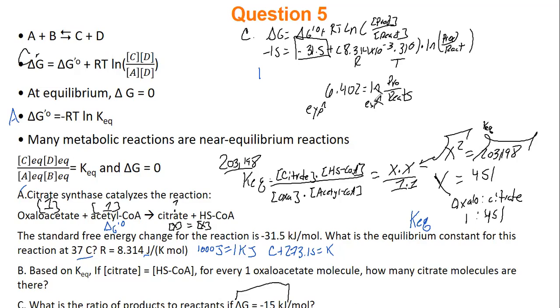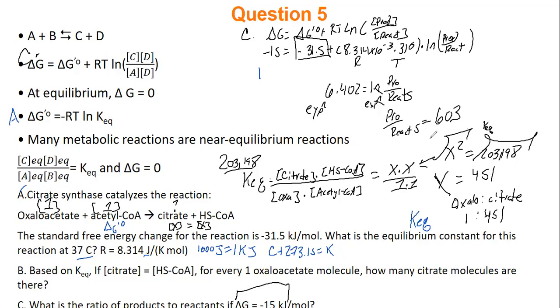Exponent. And when we do that, we find that the ratio of products to reactants is 603. So this is saying for every one reactant we have 603 products.